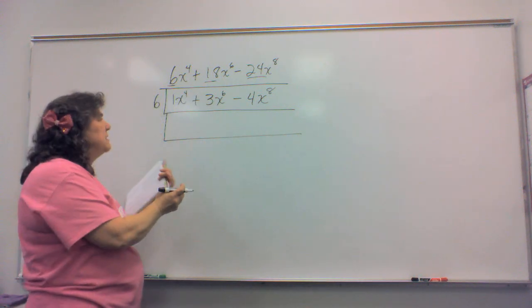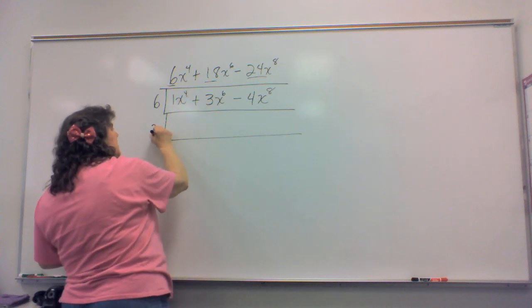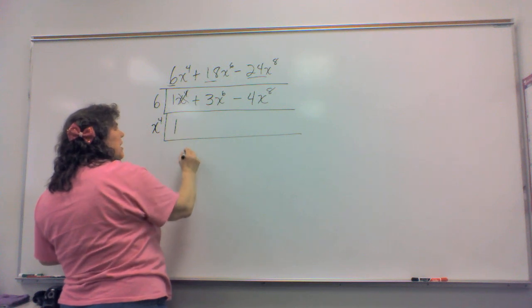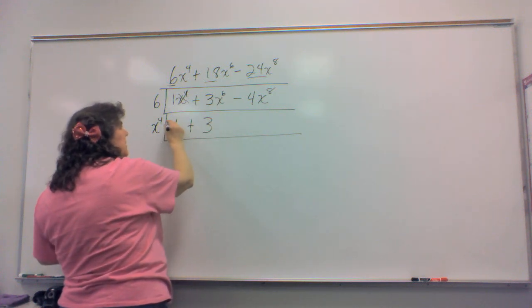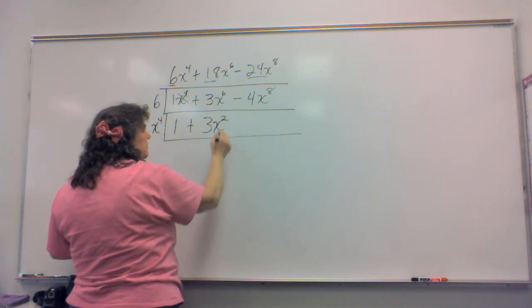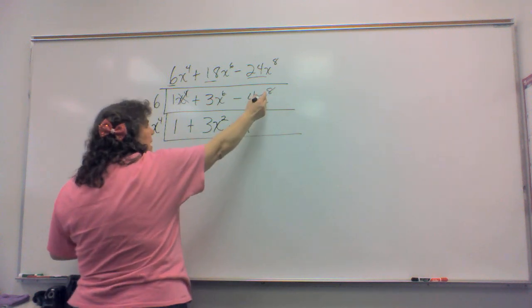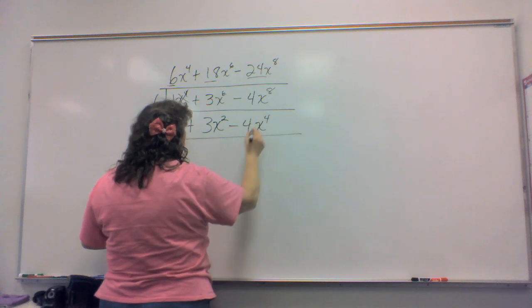Okay? So, what are we going to do? Well, x to the fourth is my smallest, so let's do it. x to the fourth is gone, leaving 1, plus x to the sixth minus 4 leaves x squared, minus 4, x to the eighth, 8 minus 4 leaves x to the fourth.